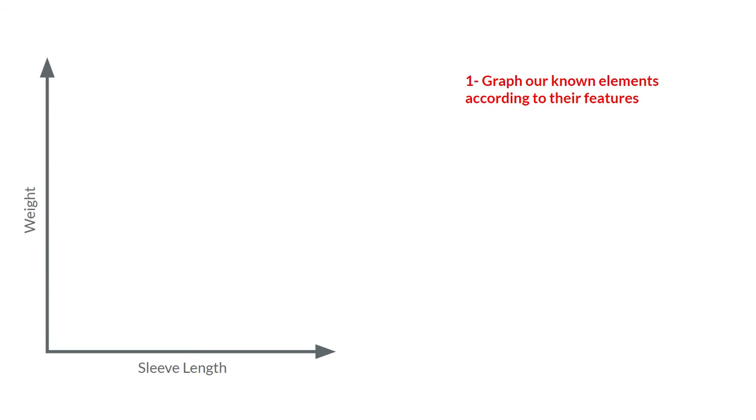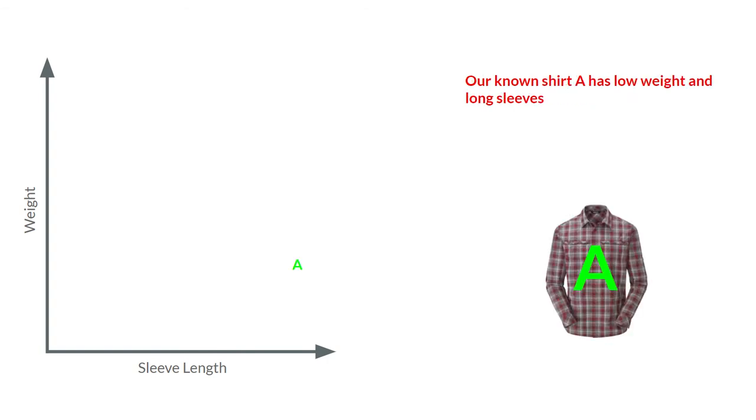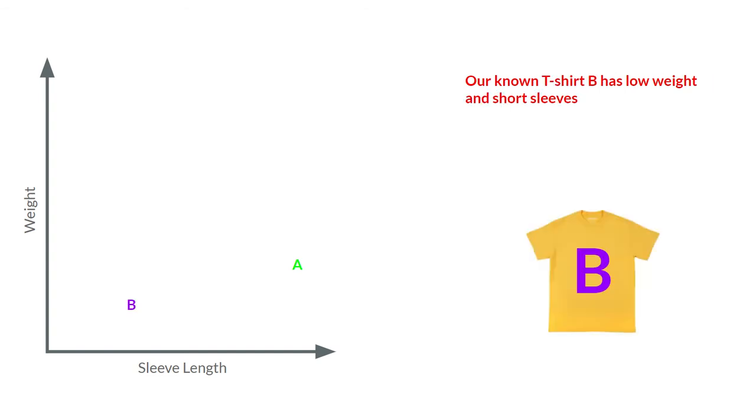So, let's see how this illustration technique works with our example. As mentioned before, each feature is a dimension. Let's start by graphing our known elements. A is a shirt, and it has low weight and long sleeves. B is a t-shirt.